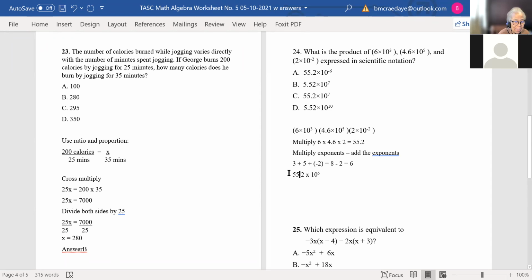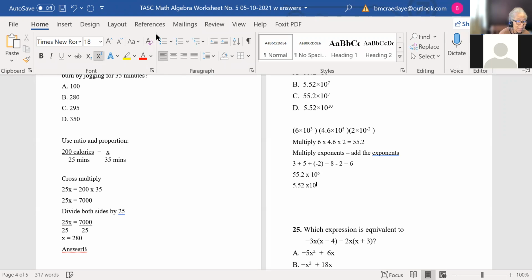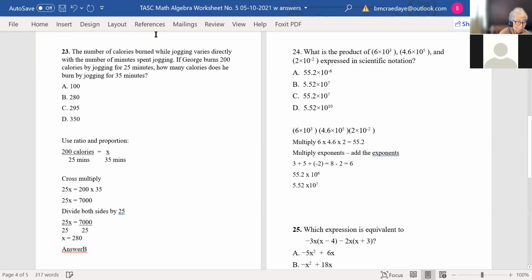If you make this number smaller, you have to increase the exponent. So if this is 5.52 times 10, and I made this smaller, I've got to increase my exponent. So this would then be a 7.